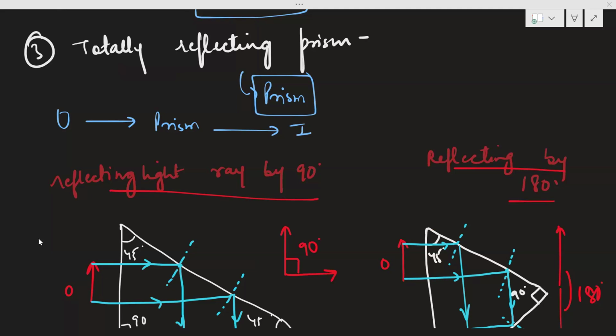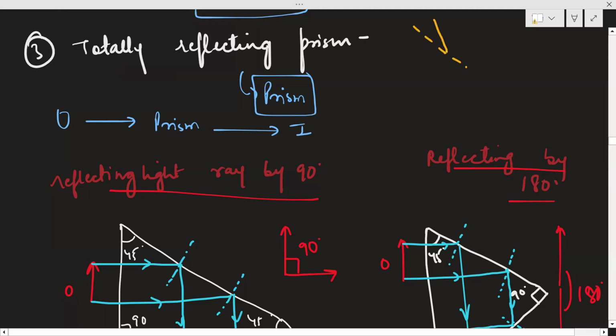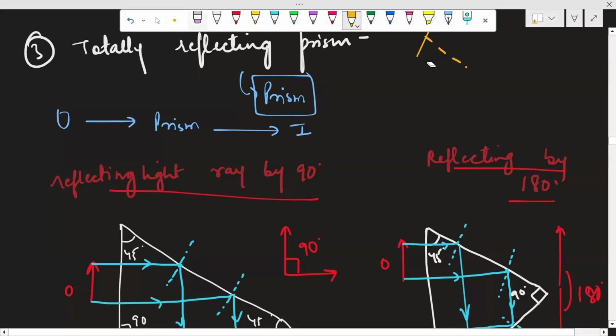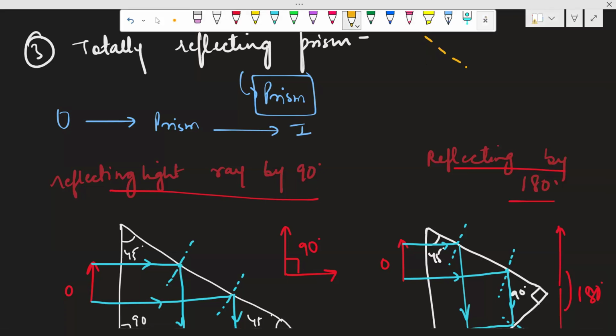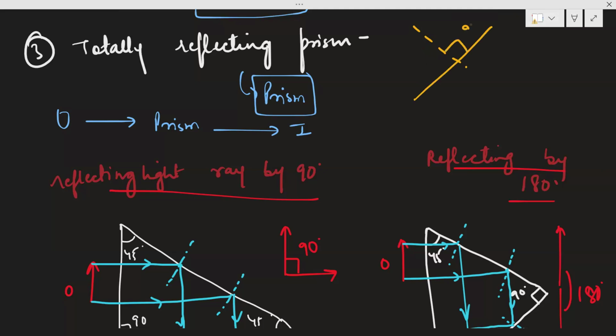Normal means the total with the surface is 90 degrees, so if this is 30, this will be 60. When it is going out, the angle of incidence will be equal to the angle of refraction, so 60 degrees, by the laws of reflection.